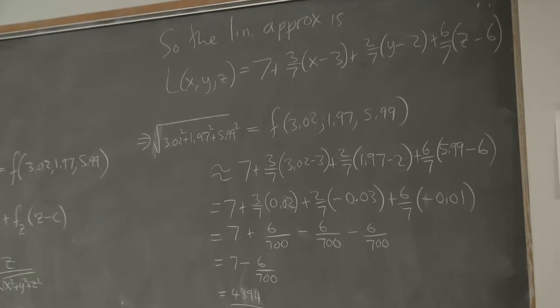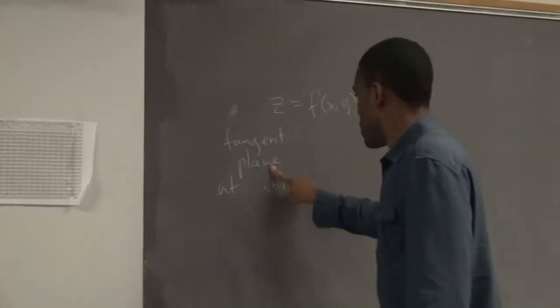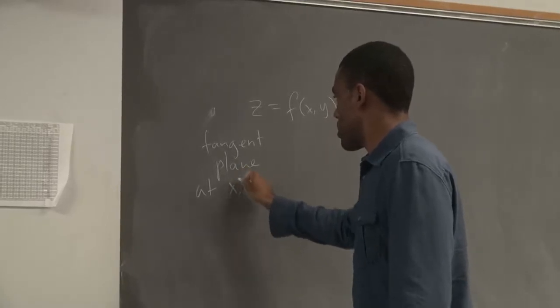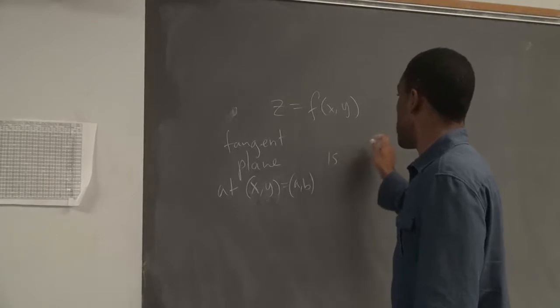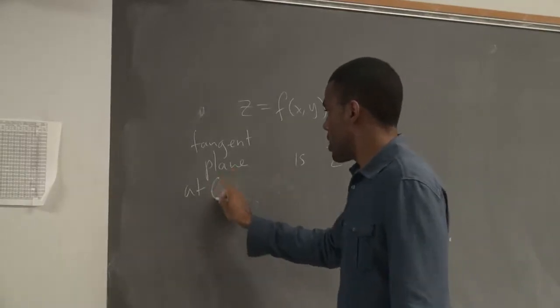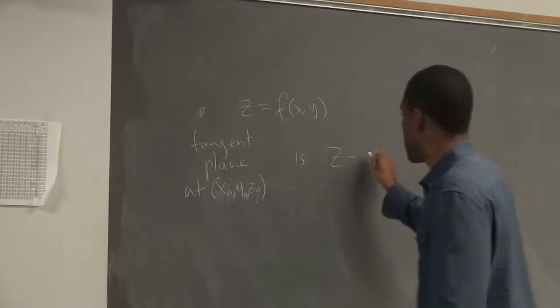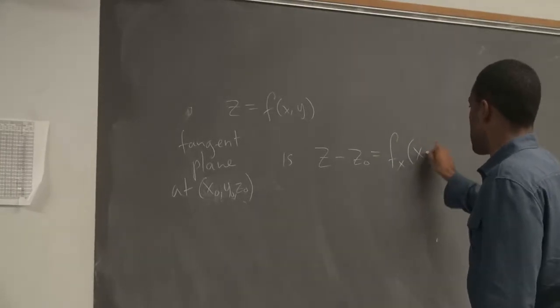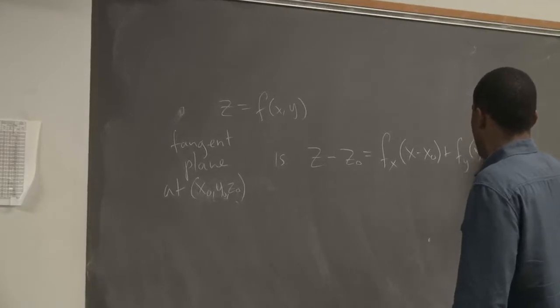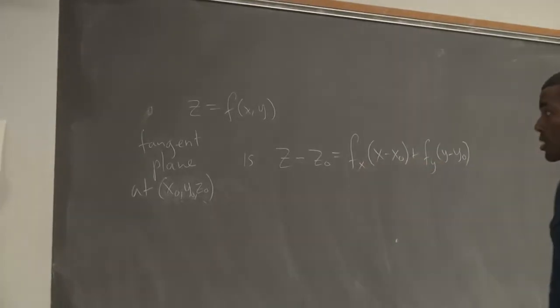If you have z equals f of x, y, then the tangent plane at the point A, B, let me be consistent, I used x naught, y naught, z naught last time, is z minus z naught equals fx, x minus x naught plus fy, y minus y naught, where fx and fy are evaluated at that point. So that's the tangent plane.